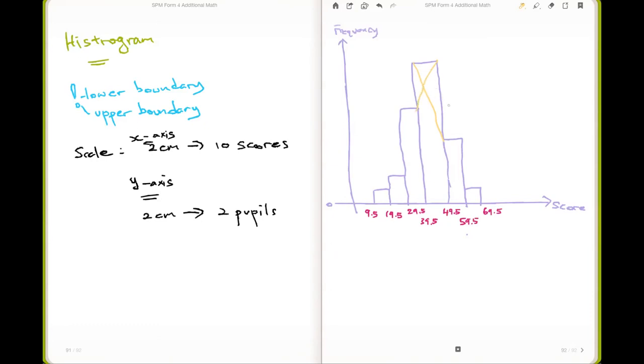At the intersection point, or in blue, this point, drop it down, and you read for your number here. That would be 43, which is your mode.